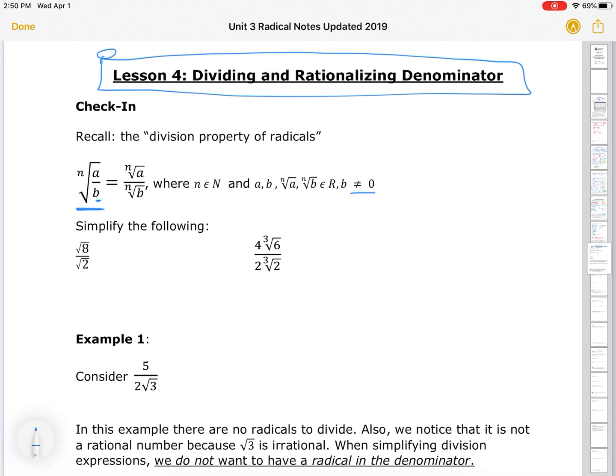Okay? So basically what that means is that if we have two radicals with the same root, same index, and they're dividing, we can divide them through.